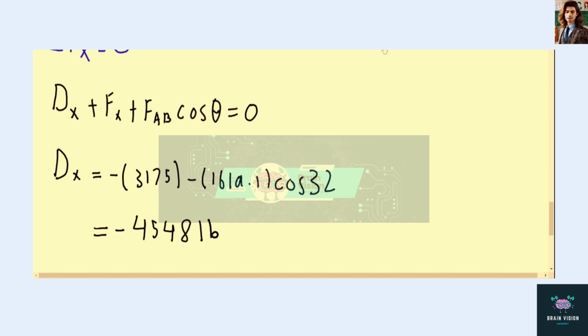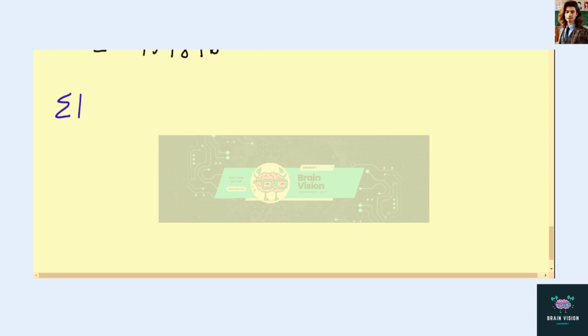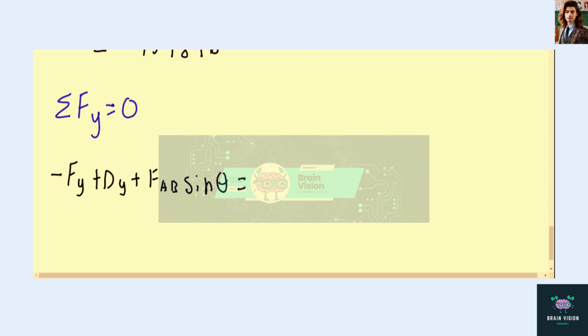And next we're going to take the sum of all forces in the y direction and set that equal to 0. We can write this as negative F of y plus D of y plus F of AB times the sine of theta is equal to 0.